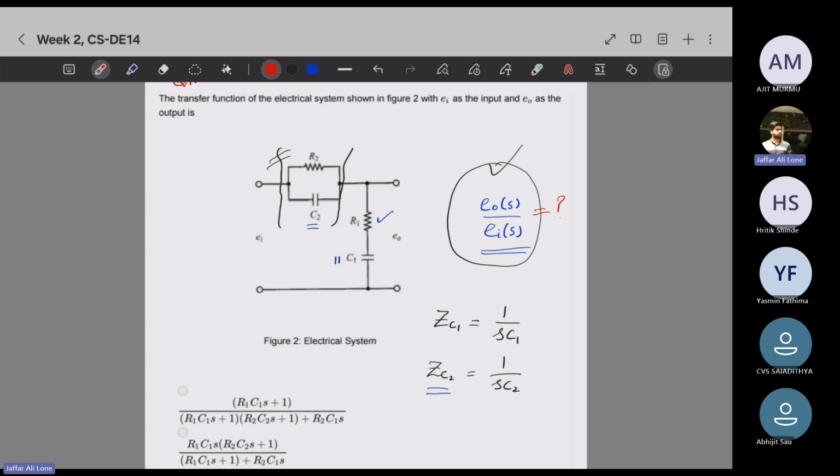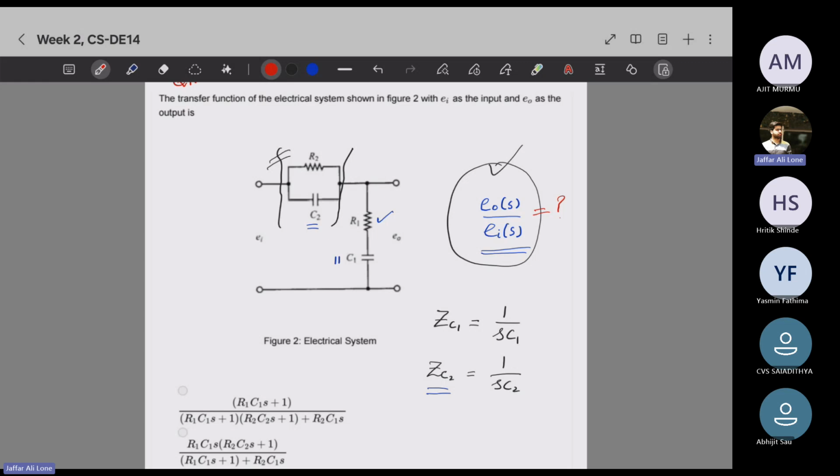Whenever you get a circuit and you have to find the transfer function, simplify the circuit if it is possible, because then things will be very easy, and at the last try using voltage division and you'll get the answer.